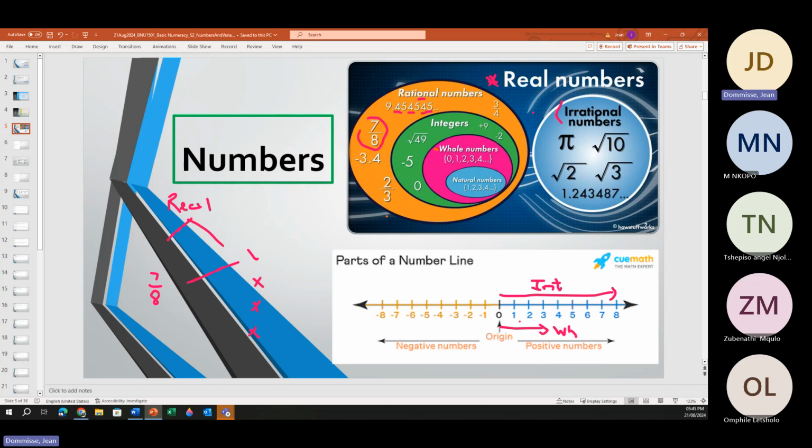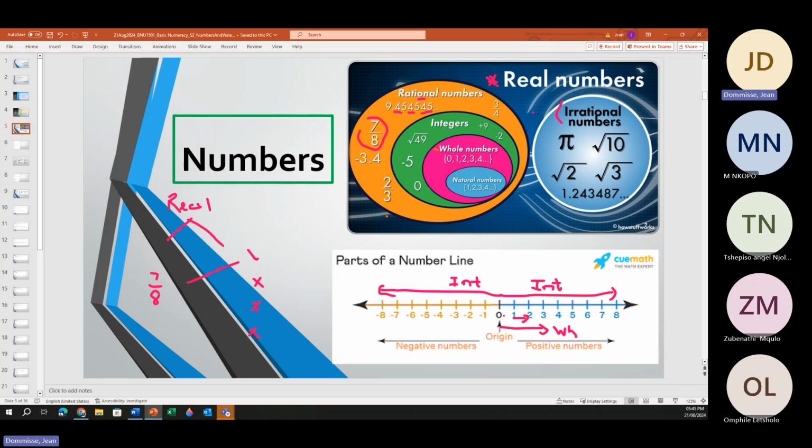If you go from 1 and up, you will get the natural numbers. But if you go to the negative side, you also get integers. So integers basically is any number, negative or positive.